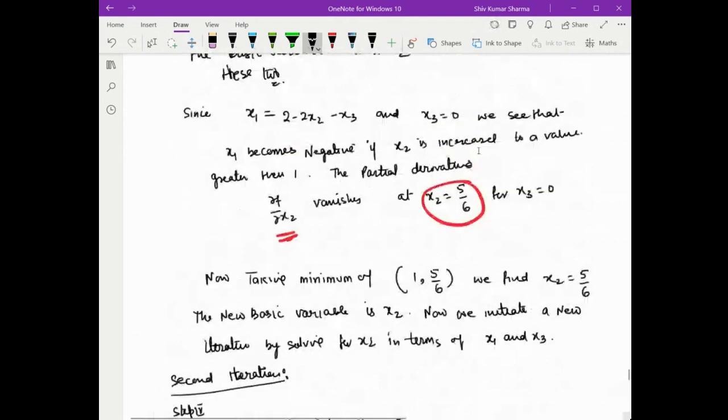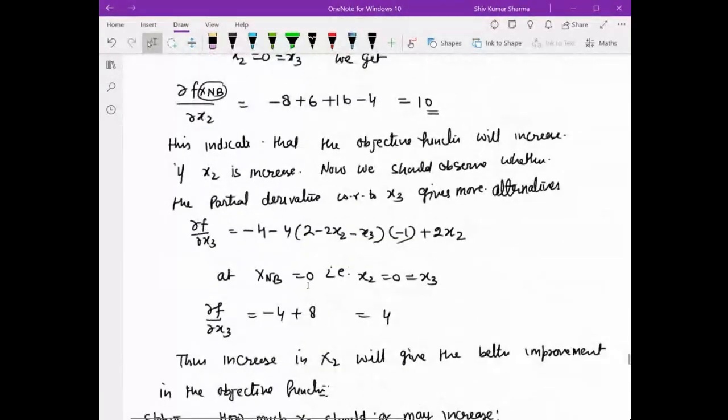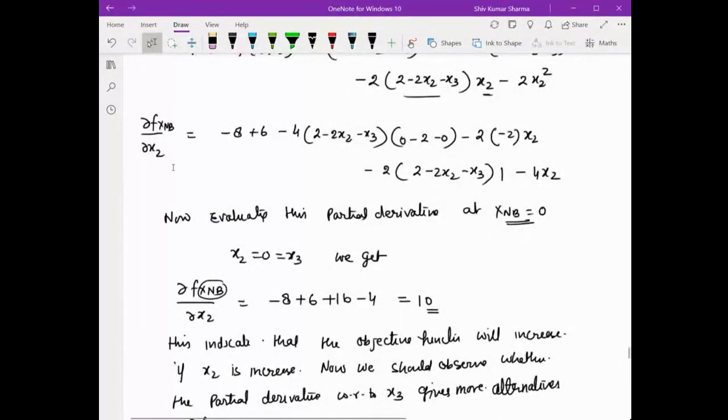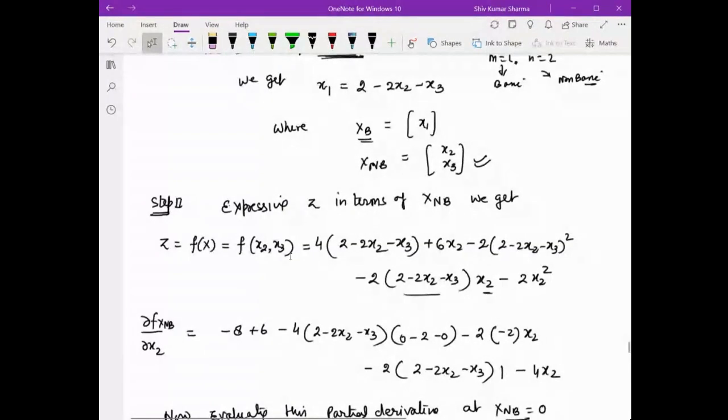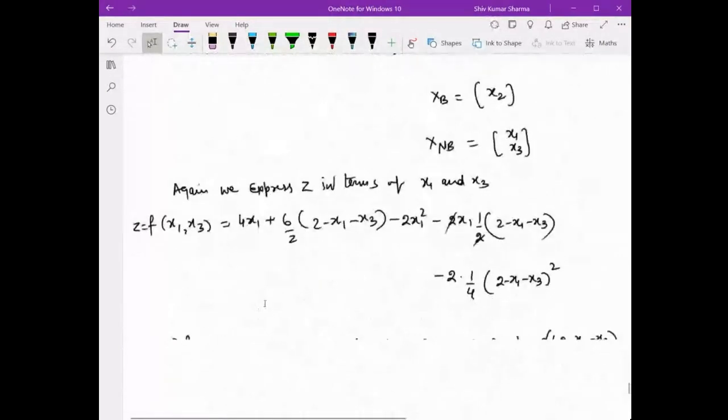Same thing we do as in iteration first. So you remember this. Here also the non-basic variables are equal to 0. We put x2 equal to x3 equal to 0. So the same thing we do here. First we differentiate when expressing the term and this function, and similarly we repeat this step again.